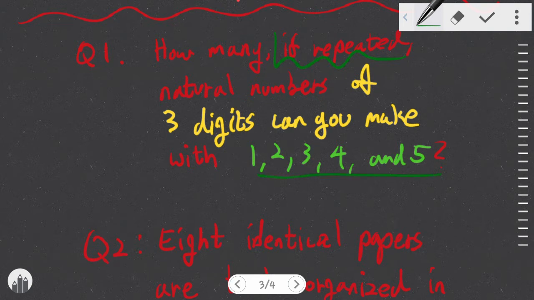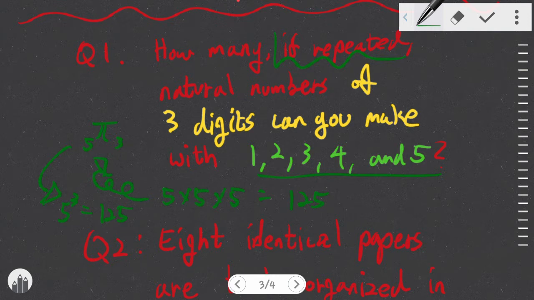So we would do 5 times 5 times 5, which equals 125. Translated into a permutation equation, it would be 5 Π 3, which becomes 5 to the power of 3, which equals 125.